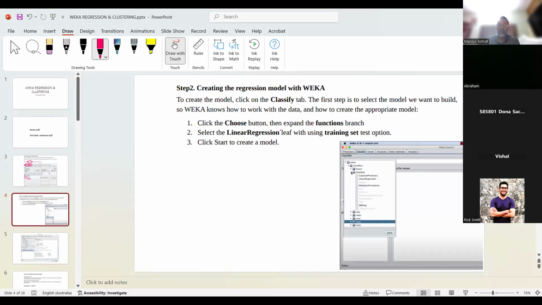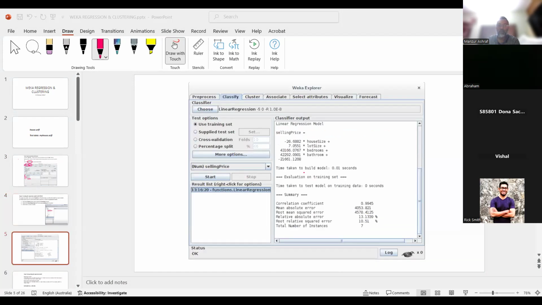Under the classify tab, you choose the functions button, and then there is an option called linear regression. When I click linear regression, it will generate the output like this. So this example I would like to go through.